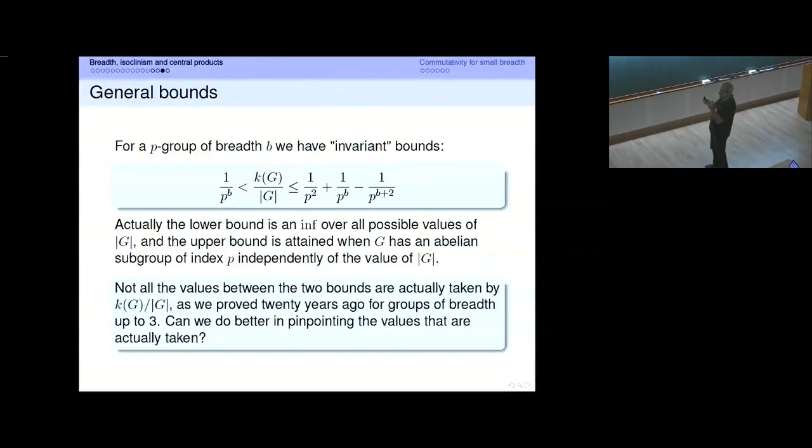The commutativity creates a sort of spectrum within this interval. And so we proved 18 years ago that there were these holes. And so where are the holes really? Can we use the simple constructions that we worked out before to pinpoint the values of the commutativity more exactly?